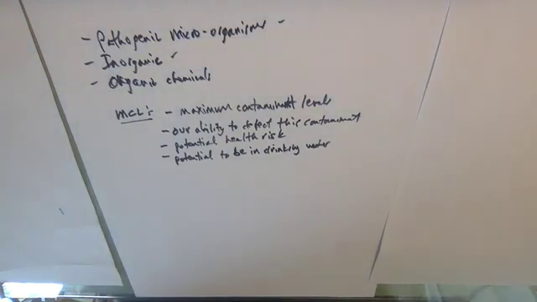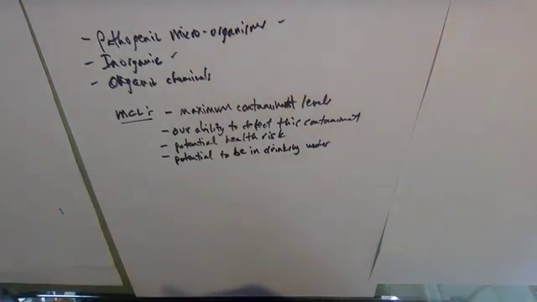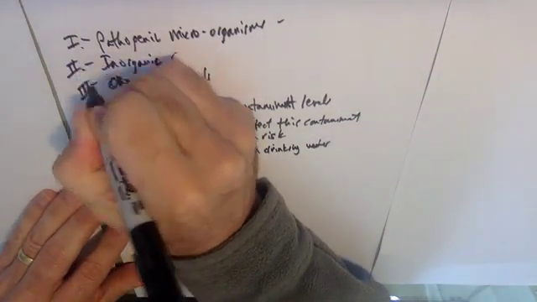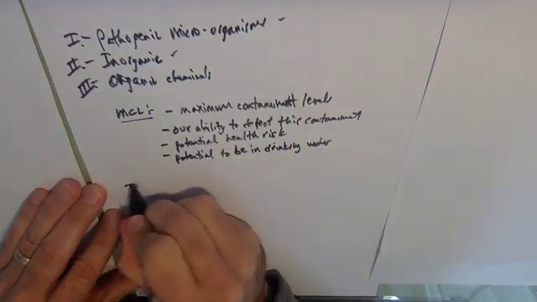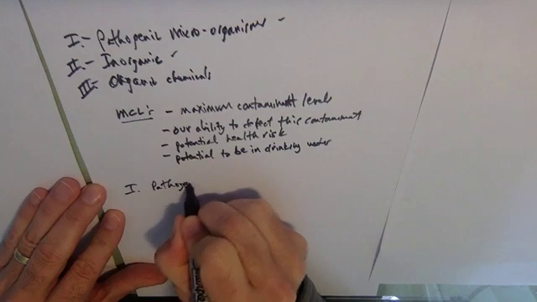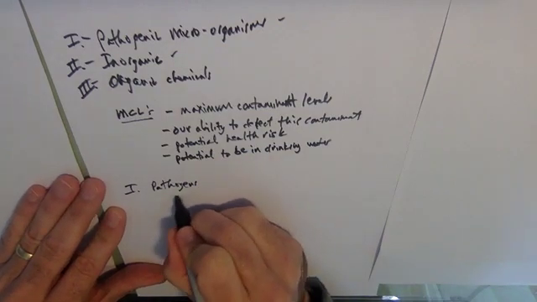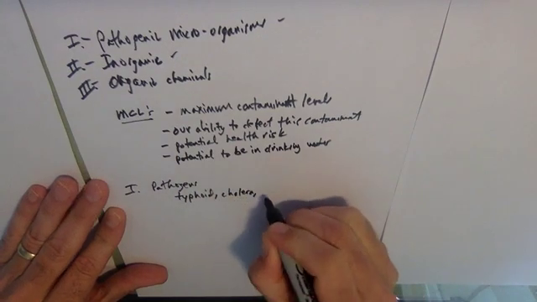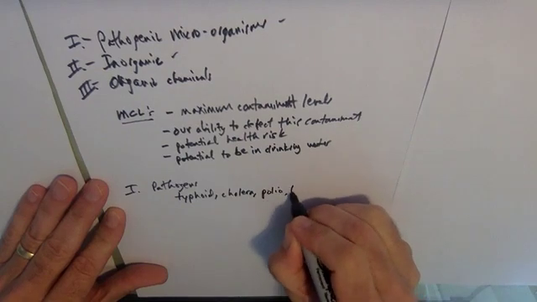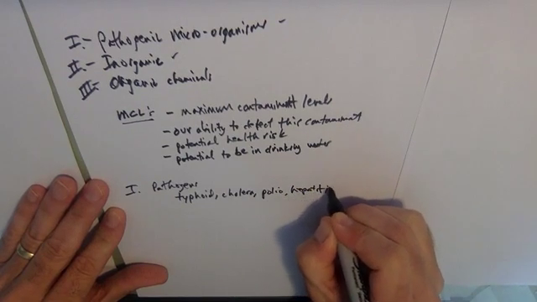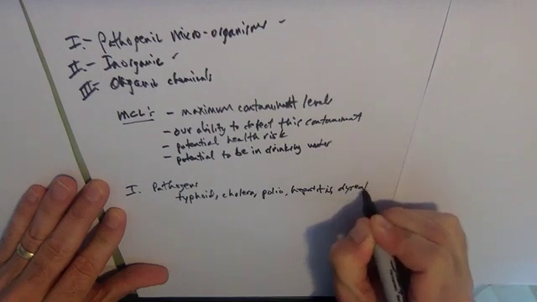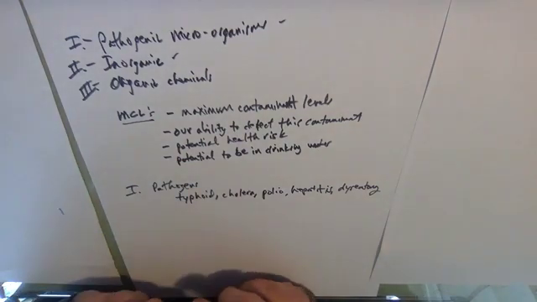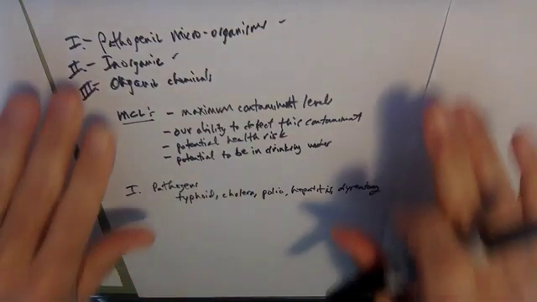So let's talk a little bit about pathogenic microorganisms. These pathogenic microorganisms include pathogens, things that you've probably all heard of, things like typhoid or cholera, polio, hepatitis, dysentery, and these are obviously enormously important.